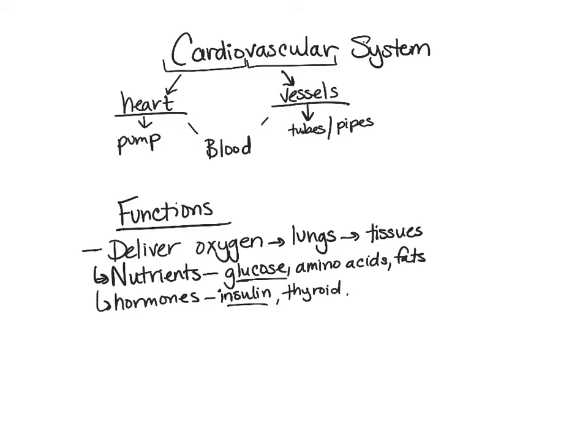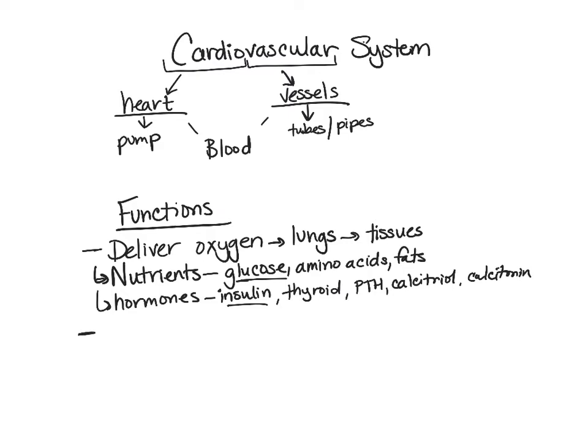Other ones that we've already talked about as well, like parathyroid hormone, when we were talking about the skeletal system, also calcitriol and calcitonin. So we're moving different hormones throughout the bloodstream and getting them to where they need to go. Those are the things that we're going to be delivering in the body.